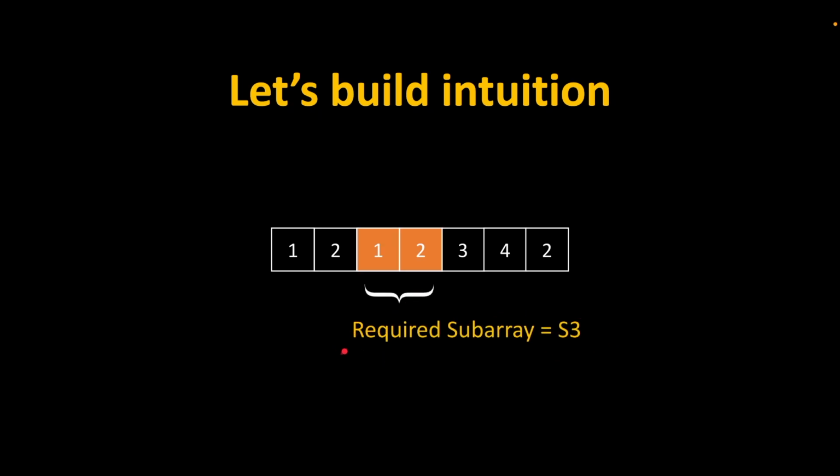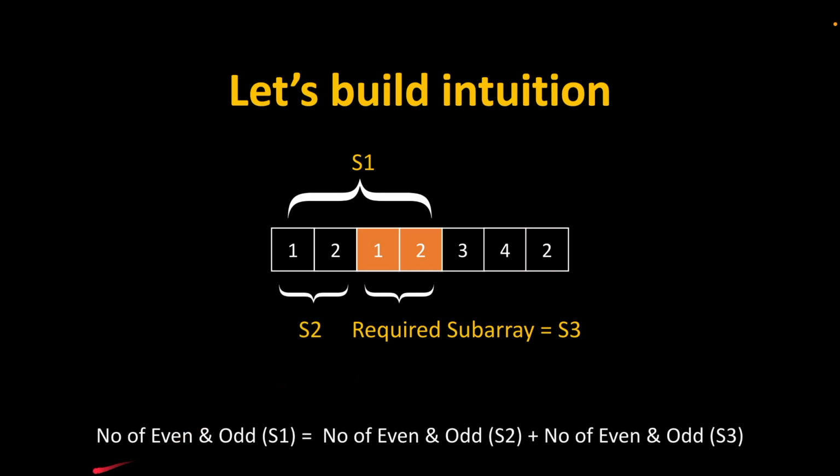Let's call it S3. And if we see from the start to this point, this is our S1. If we take this as S2, we can see that the number of even and odd elements in S1 is equal to the number of even and odd in S2 plus the number of even and odd in S3.